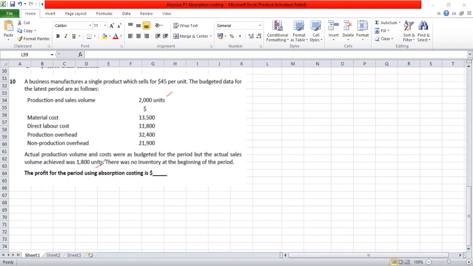So for this 200 units, we have to calculate the value and then arrive at what is the profit as per absorption costing. How do we calculate what is profit? Sales minus all the other costs, okay, cost of goods sold. What is cost of goods sold? Opening inventory plus the production minus the ending inventory is cost of goods sold. So that is the concept.